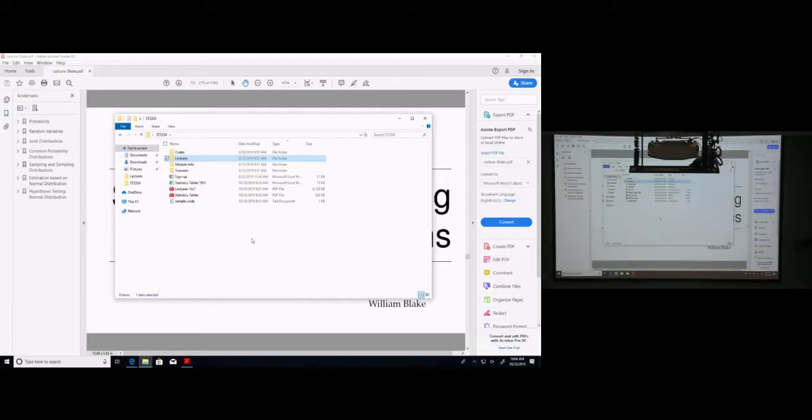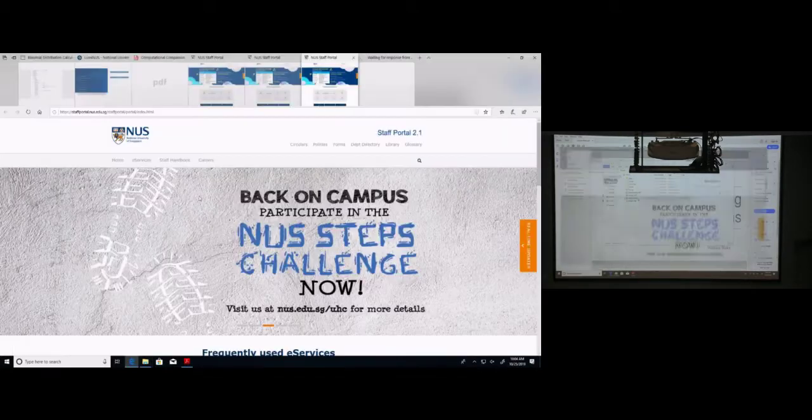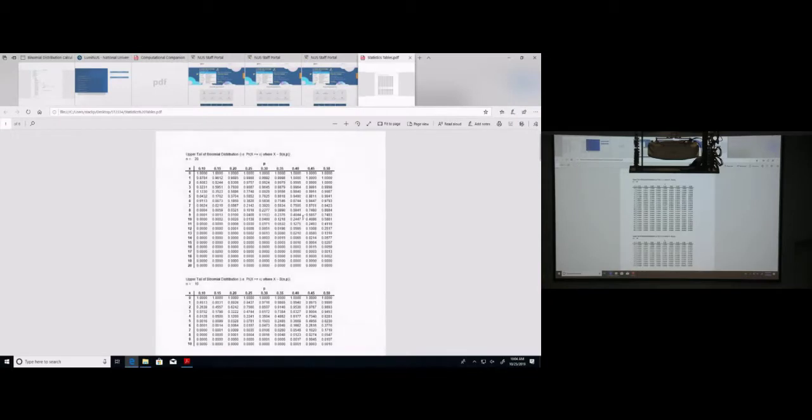But to cater to those who don't have a graphic calculator, this is the table that we will attach.